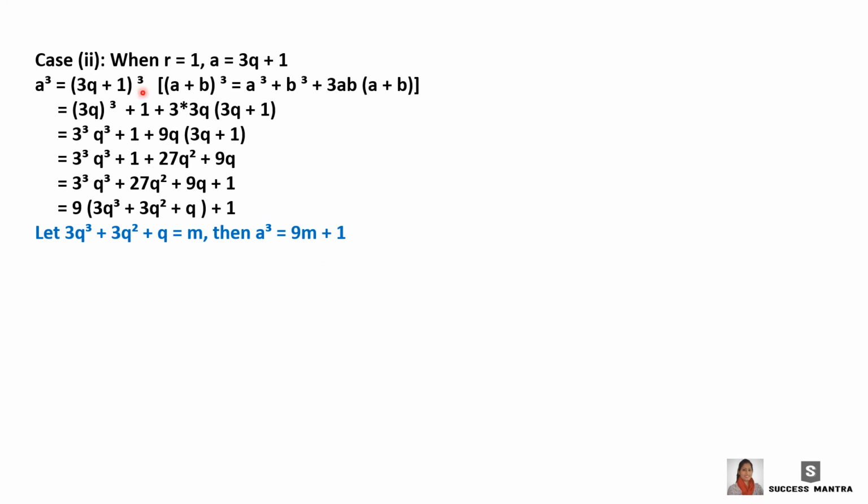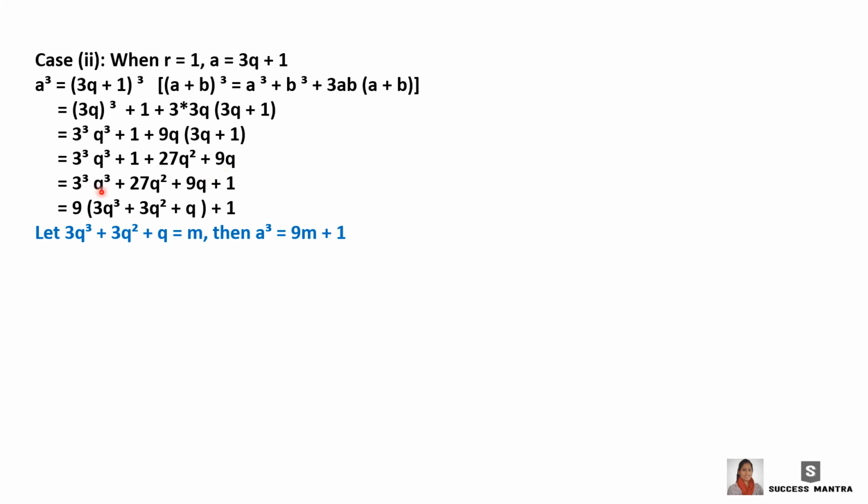So first statement is okay. Now case 2 is when r is equal to 1, a is equal to 3q plus 1. Taking cube on both sides, a cube is equal to 3q plus 1 the whole cube. We know that a plus b the whole cube is equal to a cube plus b cube plus 3ab into a plus b. So applying here we get 27q cube plus 1 plus 9q into 3q plus 1. If we open the bracket, we get 27q cube plus 1 plus 27q square plus 9q.